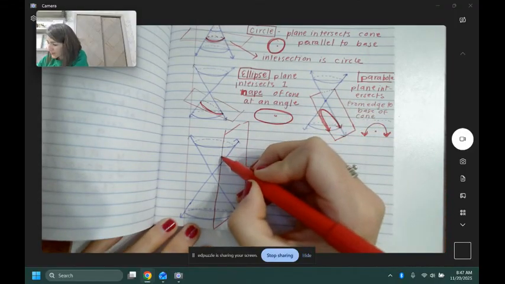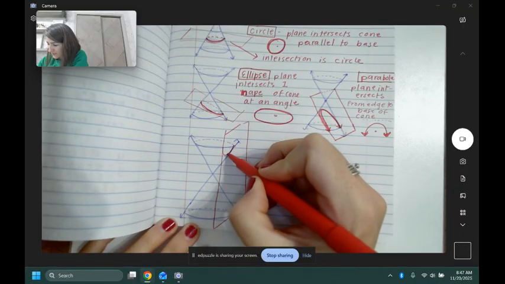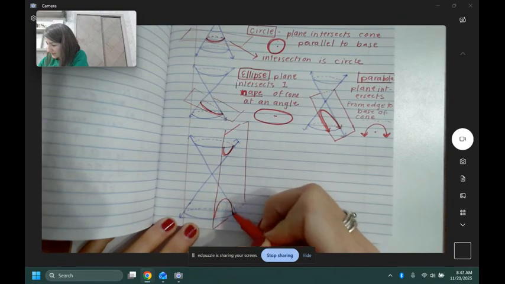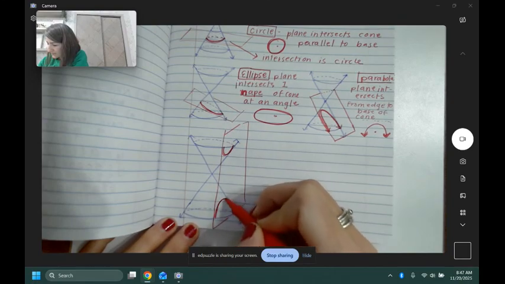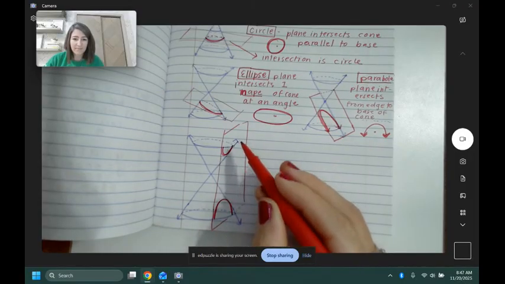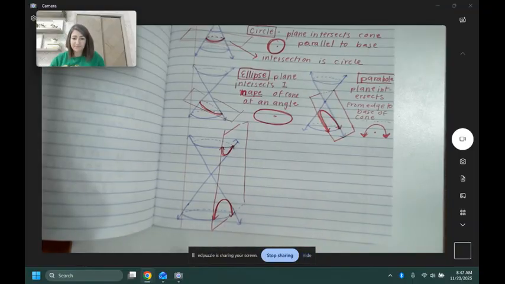Right? It's going to intersect in two places, like here and here. And it's going to create these branches that will continue forever. They will be opposite of each other.